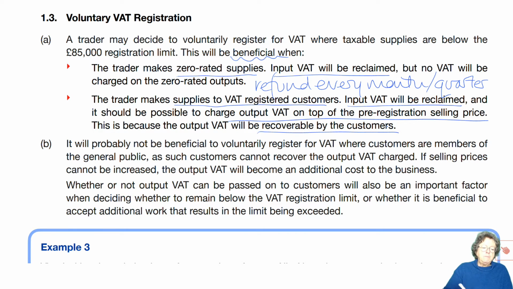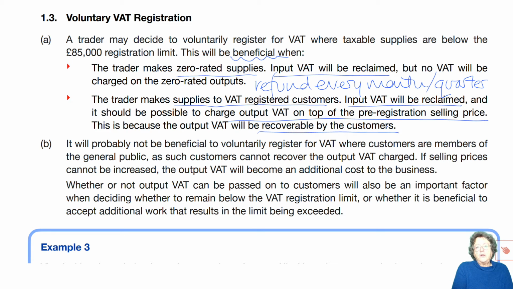So it mentions here that it's not beneficial to voluntarily register where your customers are members of the public, as they cannot recover the output VAT, which means the selling prices will increase obviously by 20%, and the output VAT will be an additional cost that the company has to bear. And also, if you can't pass it on, that could cause problems.